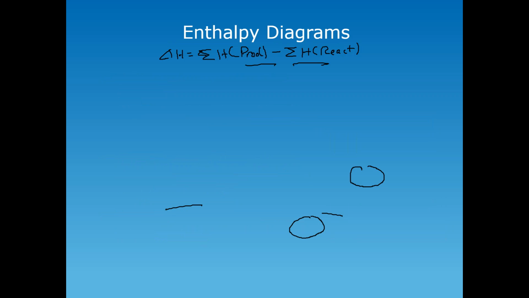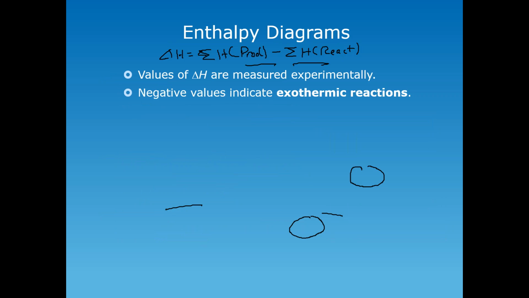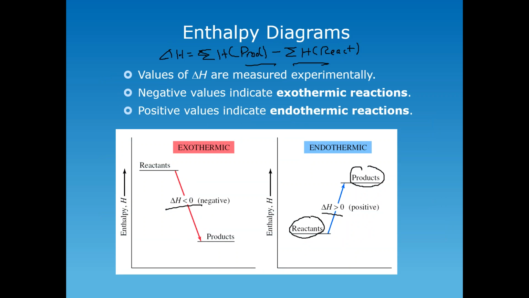Okay, so just to show you in a more pictorial sense what happens in a chemical reaction, well, let me say this firstly. When it comes to the actual definition of change of enthalpy, it is simply, as seen up here, the sum of the enthalpy of the products minus the sum of the enthalpy of the reactants, all right?